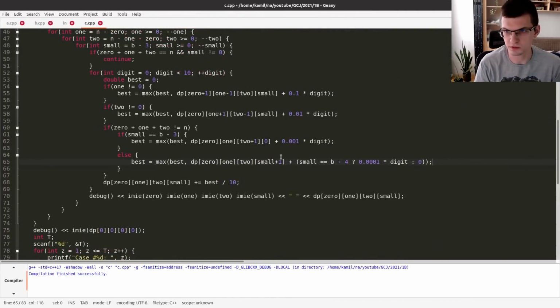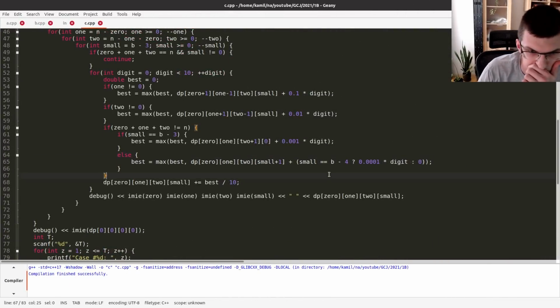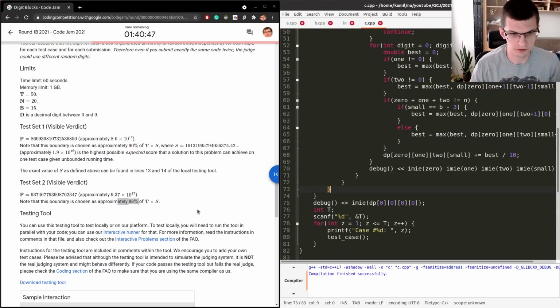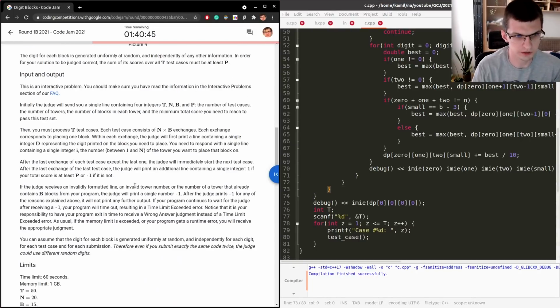That's a little bit closer. And now this is good enough. Need to just follow the interaction protocol.